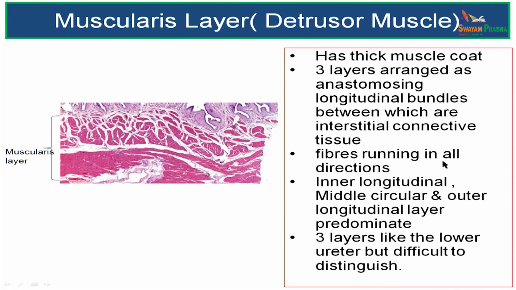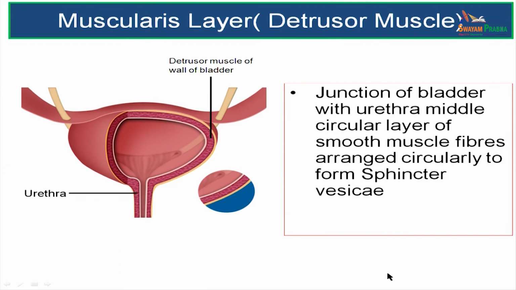The fibers are running in all directions. I told you there are 3 layers. It is inner longitudinal, middle circular and outer longitudinal, similar to what we have seen in the lower ureter. The 3 layers, like the lower ureter, are difficult to distinguish.